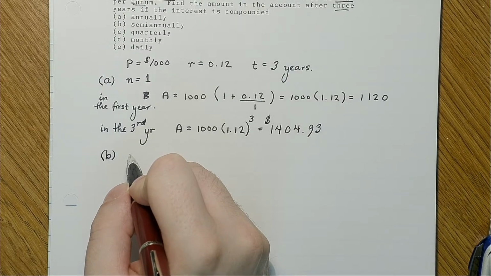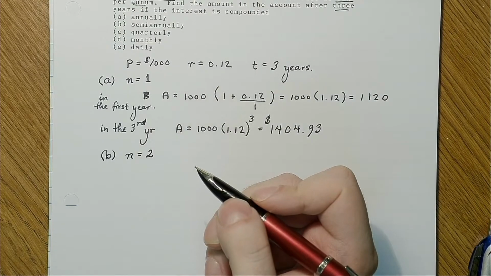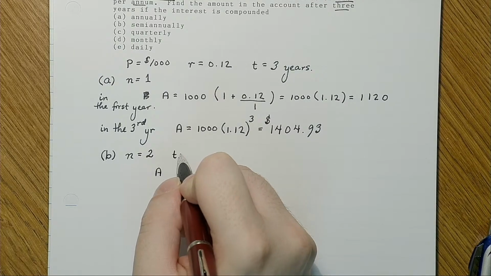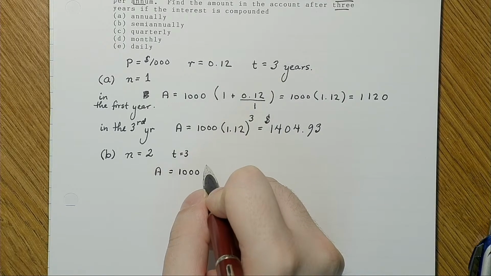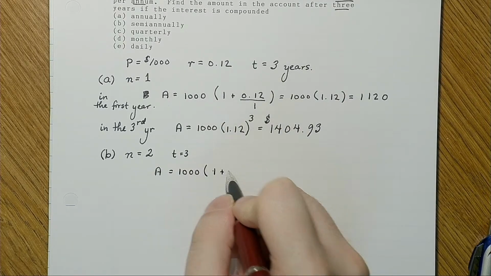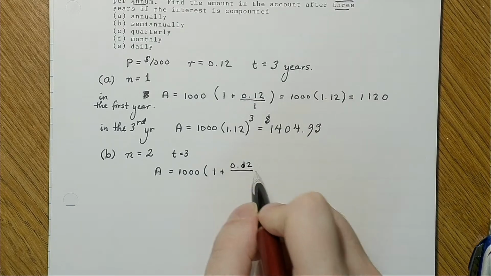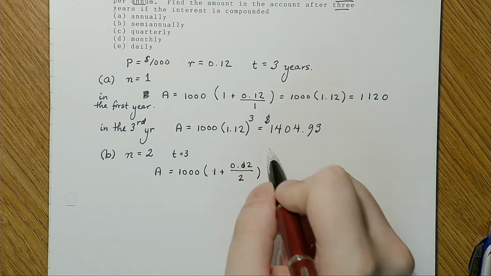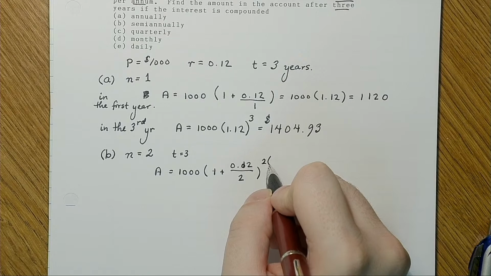If it's compounded semi-annually, that means it's going to have 2 within a year, then my amount, again after T equals 3 years, I have 1,000 as my starting amount, 1 plus 0.12 divided by 2, and then 2 times 3.